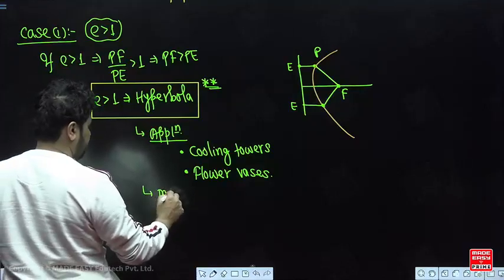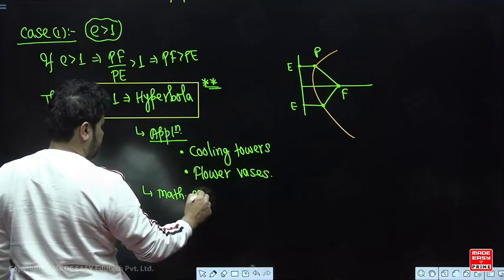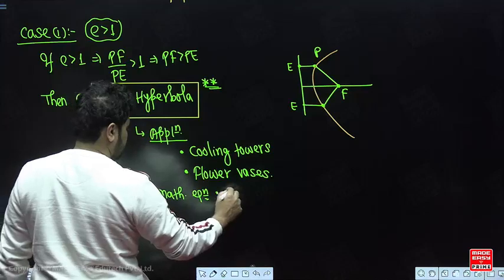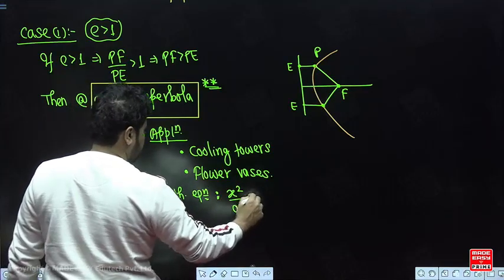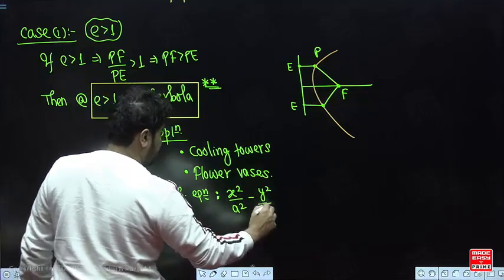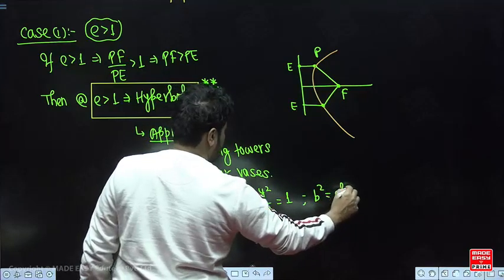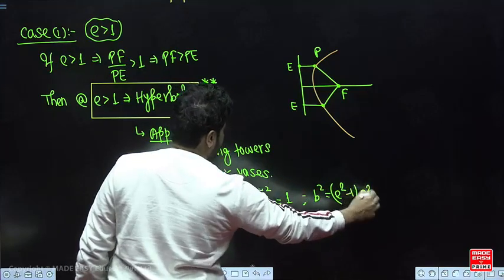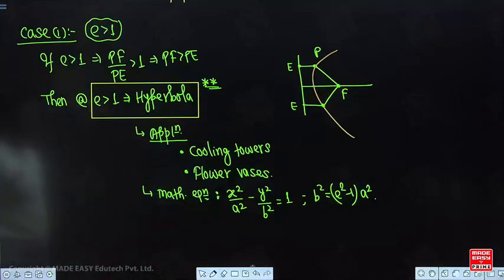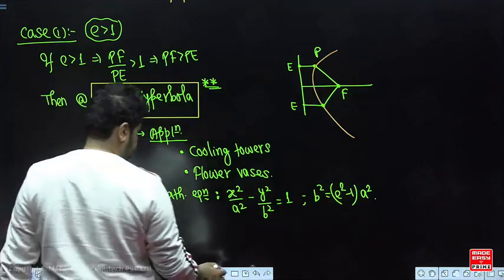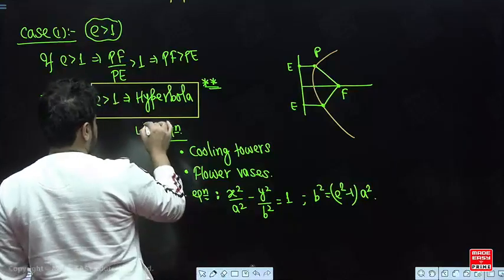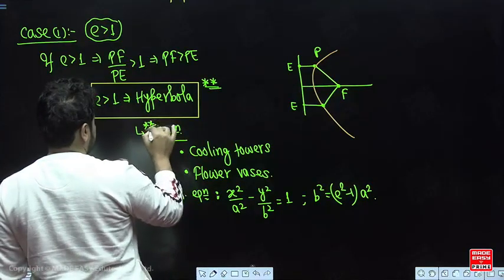So what is the mathematical equation? Mathematical equation: x square upon a square minus y square upon b square is equal to 1, where b square is equal to e square minus 1 into a square, and we know that E is nothing but your eccentricity. So this is basically a few things that you have to remember, right? So this application is also important for exam.